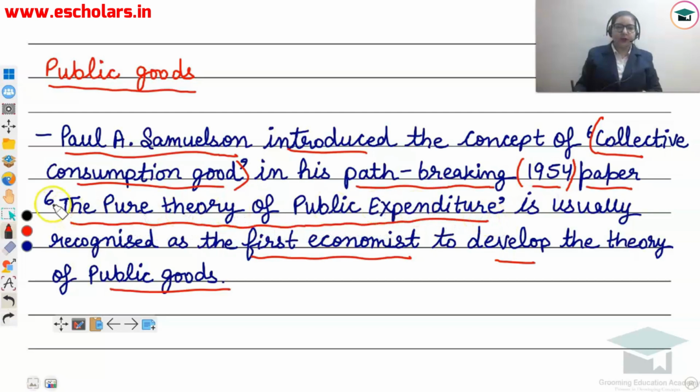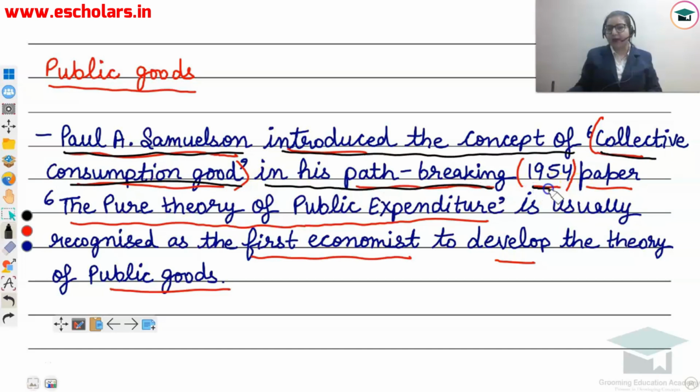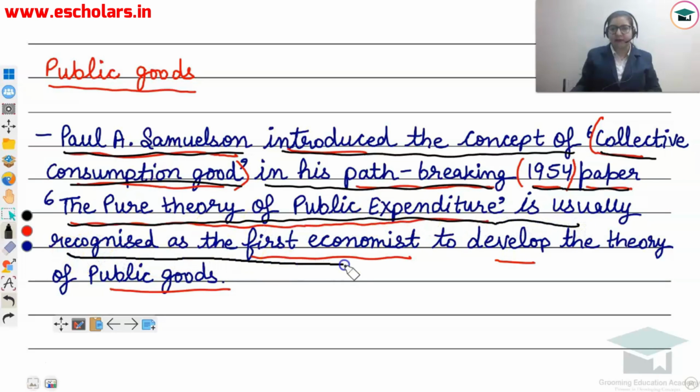Okay. So let's recall it till now. Paul A. Samuelson introduced the concept of collective consumption good in his path-breaking 1954 paper, The Pure Theory of Public Expenditure, and is usually recognized as the first economist to develop the theory of public goods.